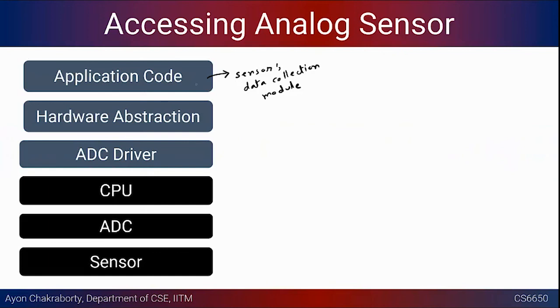This application code is often not written by us. Any sensor vendor, if you are buying a specific type of sensor, will give you a library, and all you are doing is using some APIs that are already in the library to do all your algorithmic work.